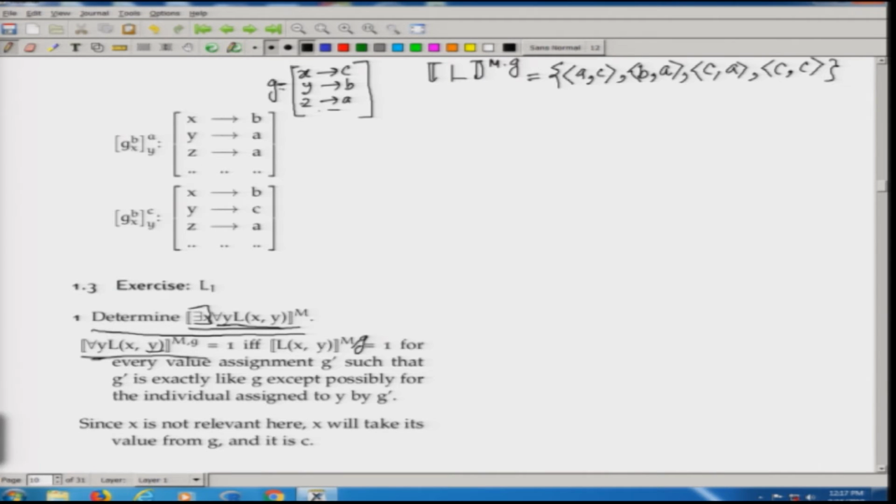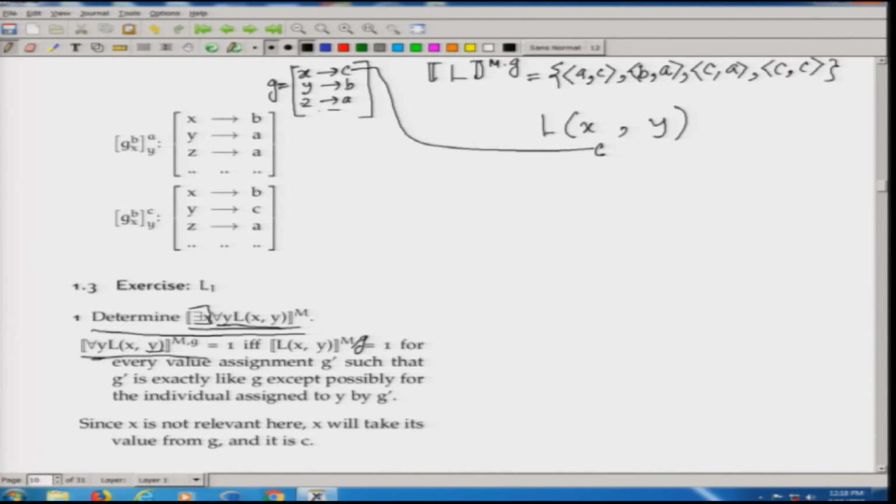Now we can see that G assigns the initial value C to X. So, if you have something like L x y, X will collect its value from C, because X is not an active variable here, but Y is an active variable here.